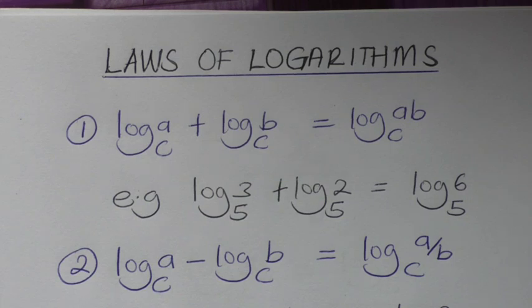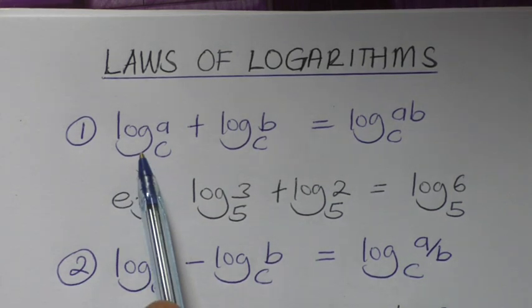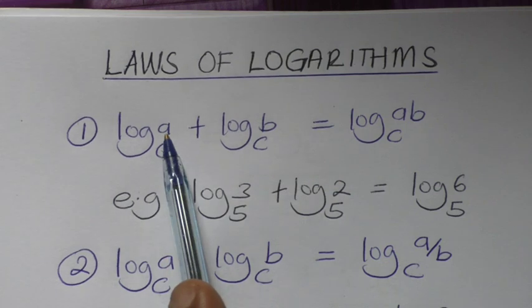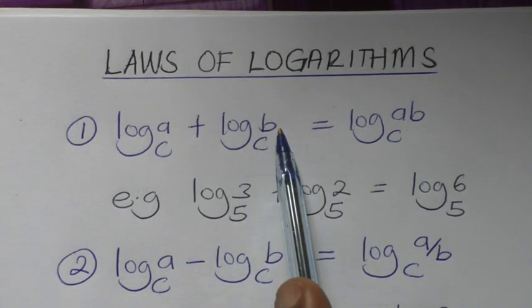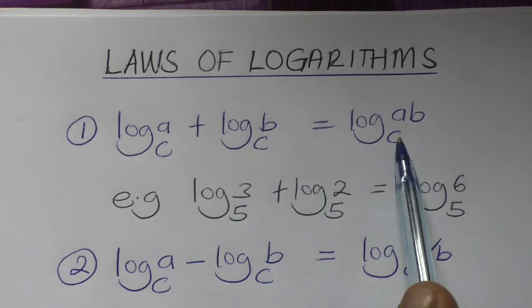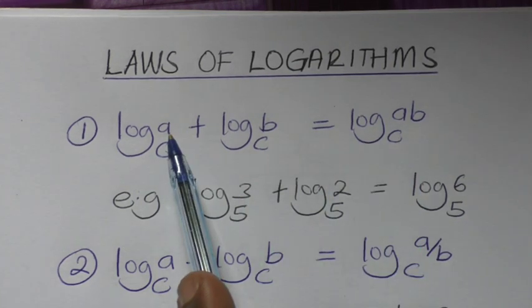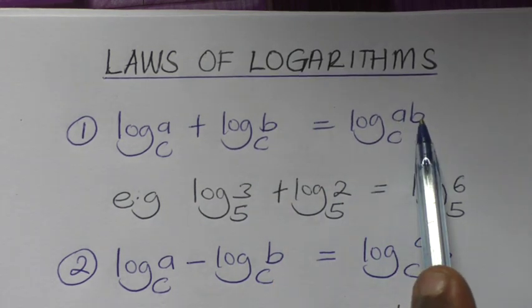Our law number 1 says that if I have log c power a plus log c power b, then I'll take one of the logarithms, since they are the same, log c, and then multiply the powers, that is log c a b.